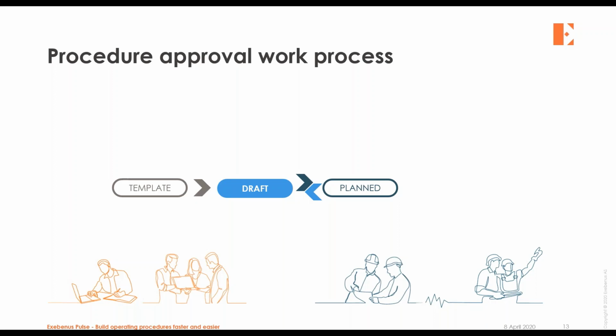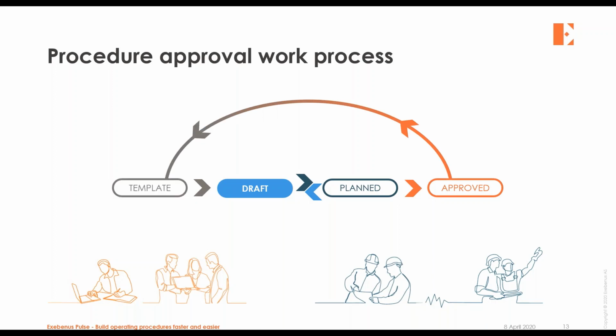An approver can further either set it to the approved state or revert it back to draft state for further changes. Finally, once this procedure has been executed, an after action review is conducted so that learning from the executed procedure can be included in the template set for benchmarking, thereby closing the loop.